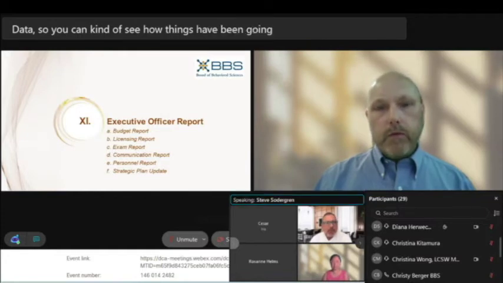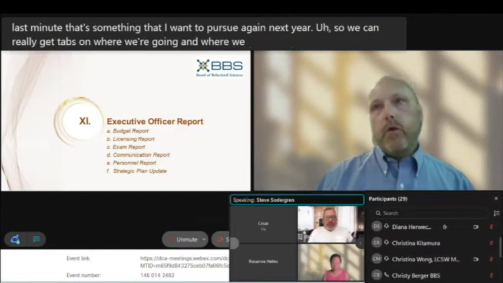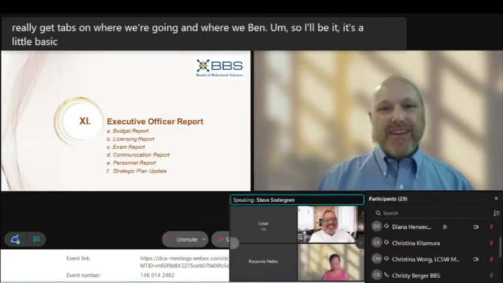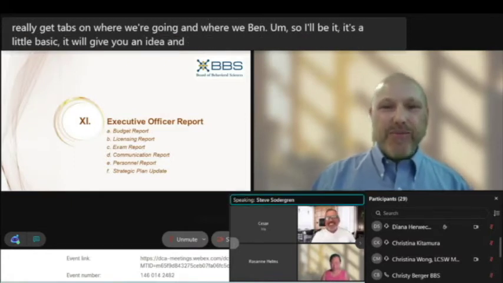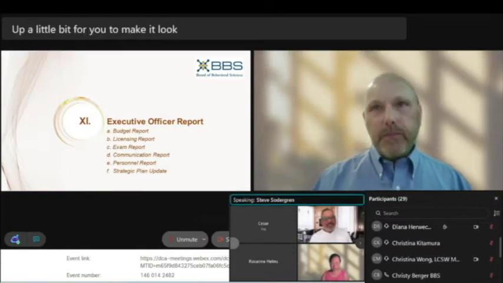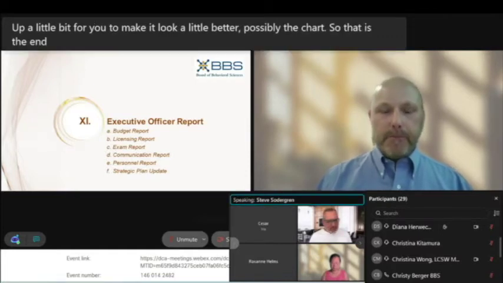That's something I want to pursue again next year, so we can really get tabs on where we're going and where we've been. Albeit it's a little basic, it will give you an idea, and hopefully within a year's time, we can spice that up a little bit for you, possibly the chart. So that is the end of the licensing enforcement report.